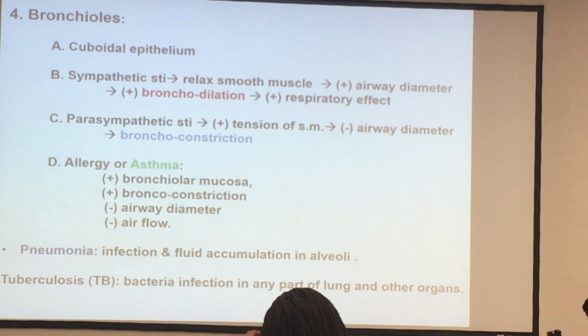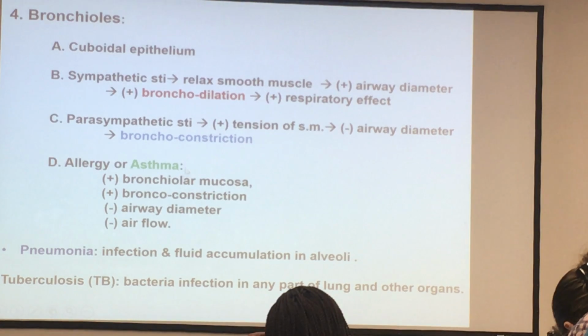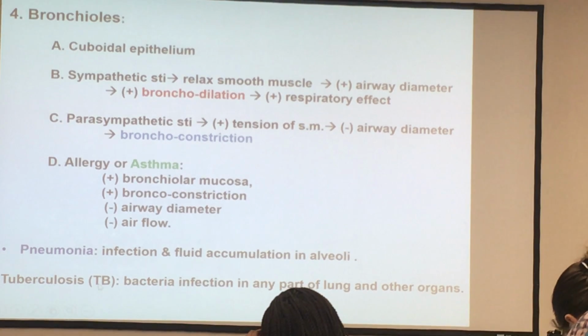So asthma and allergy are very similar. Asthma is actually a more acute effect, okay? And some other diseases in the lung we call pneumonia, and some we call TB, tuberculosis.